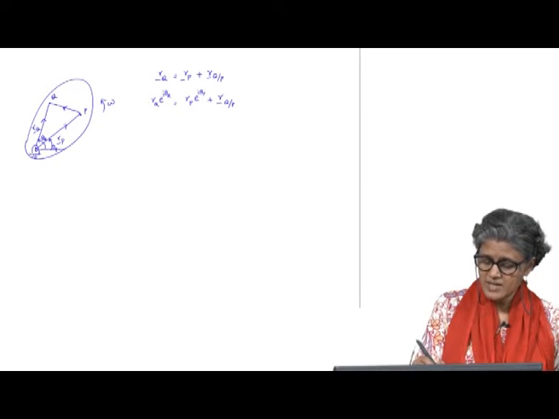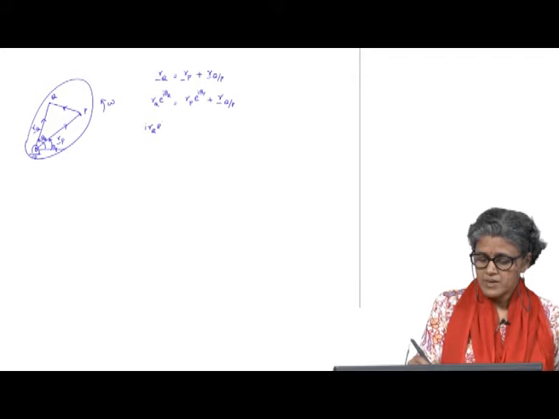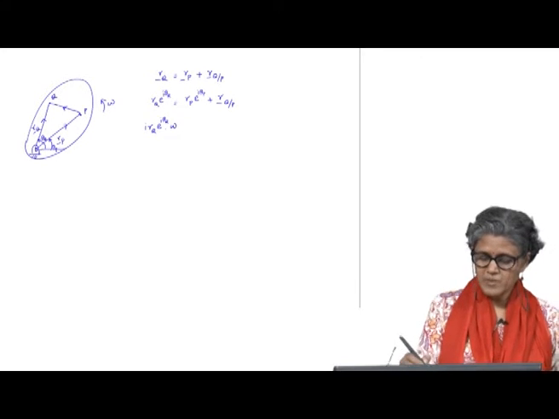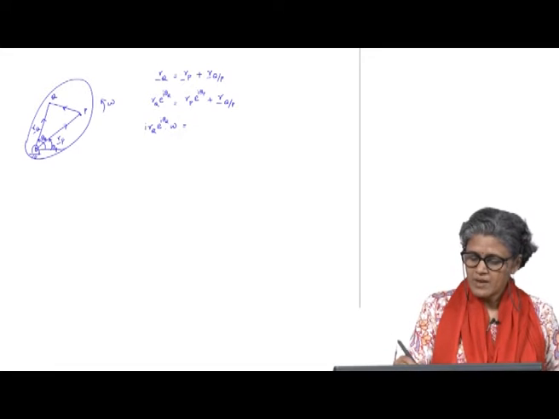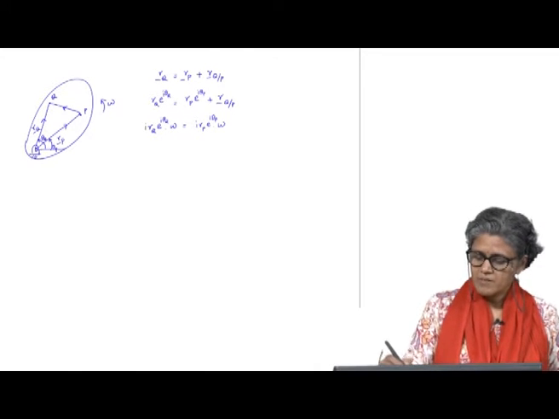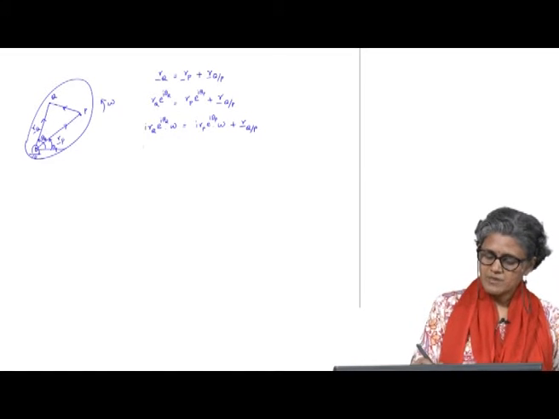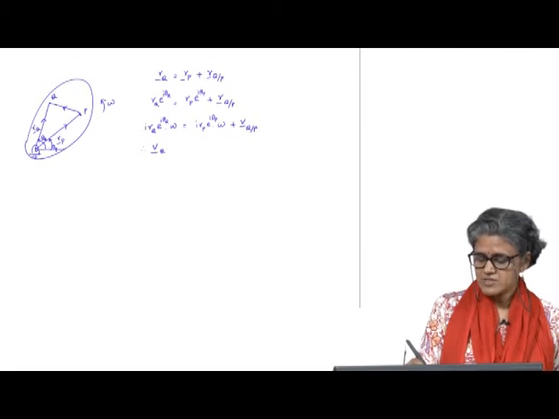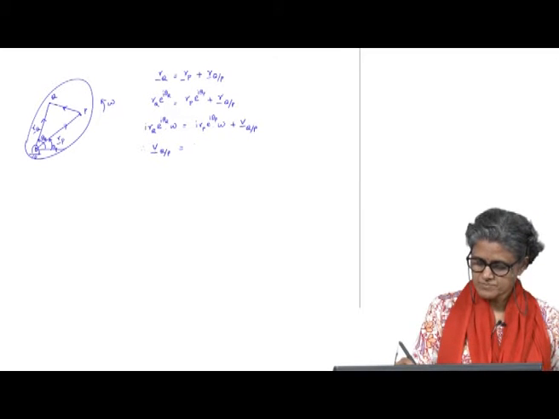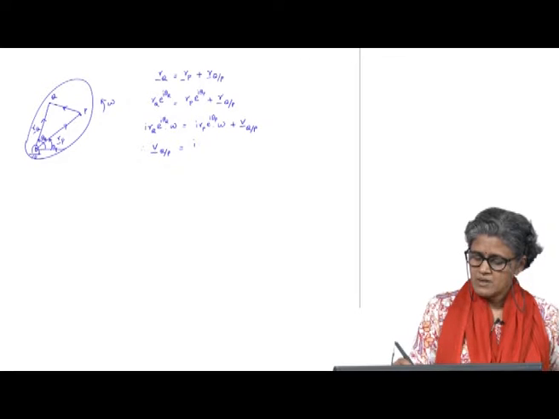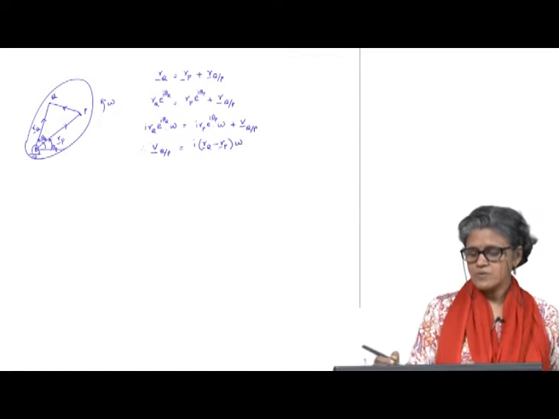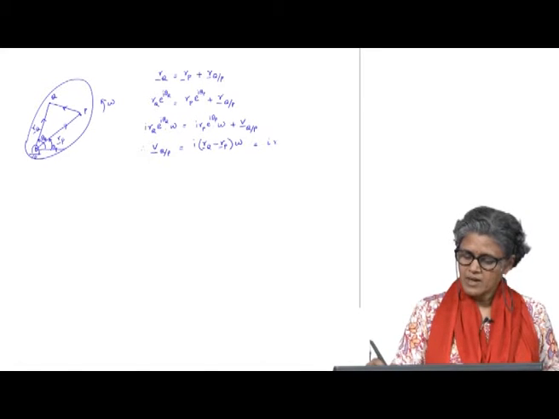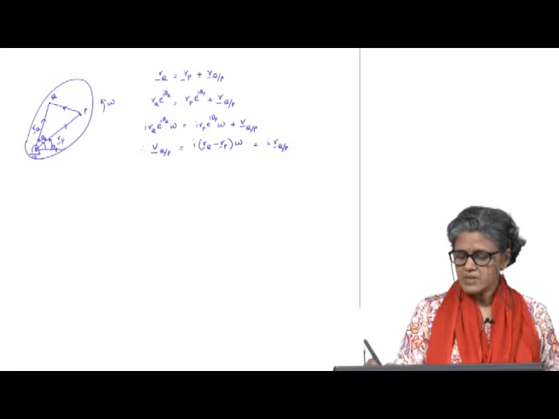So, I get I RQ e power I theta Q into omega equals I RP e power I theta P into omega plus the derivative of R of Q relative to P. Therefore, this will be the velocity of Q relative to P. I can write this as I into RQ minus RP into omega, which is I R of Q relative to P into omega.